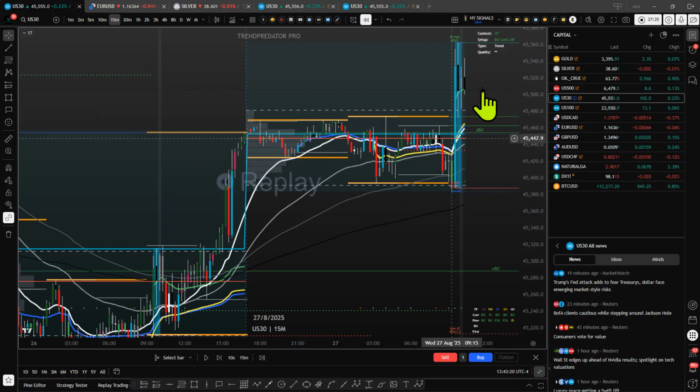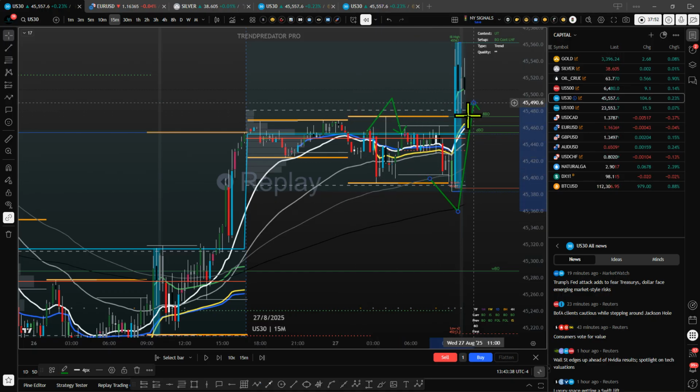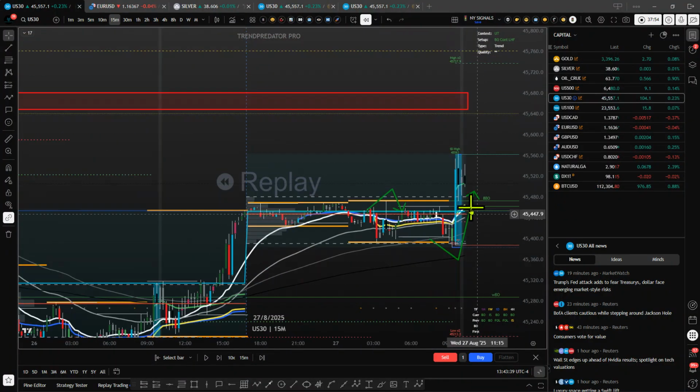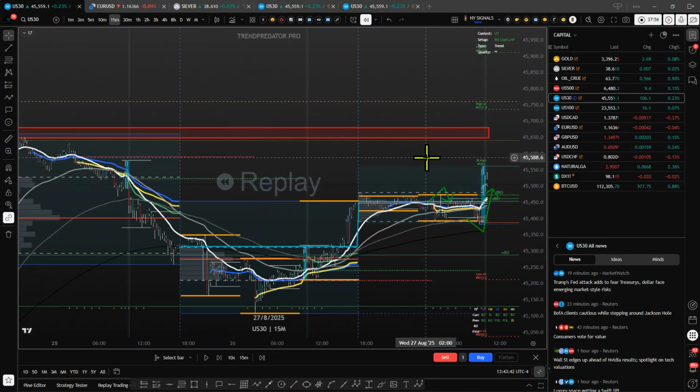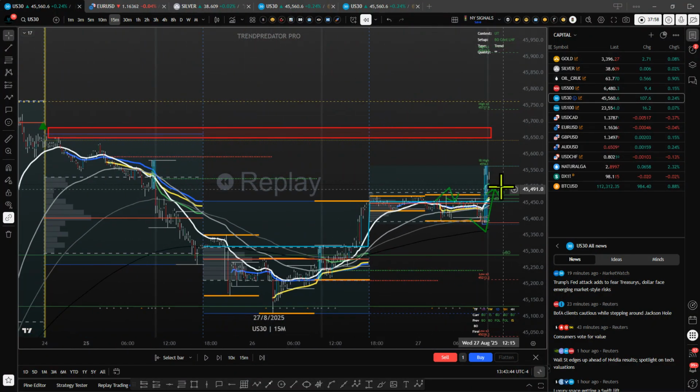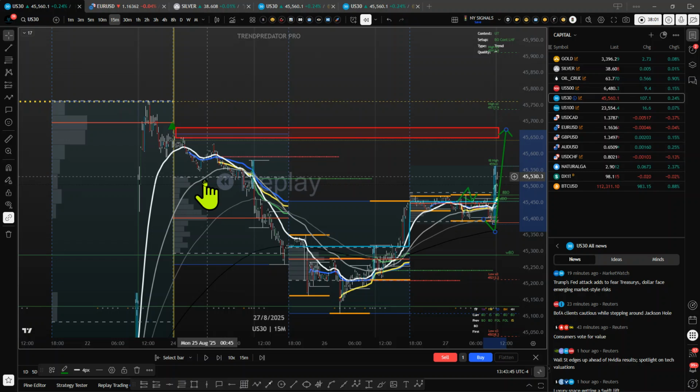Okay, so at this point we had this high of the day, and then it made a low of the day and broke through the high of the day. So at this point, we're thinking, well, this is all very bullish, isn't it? In line with our thesis that we're coming up to the other side of the inside day's range.